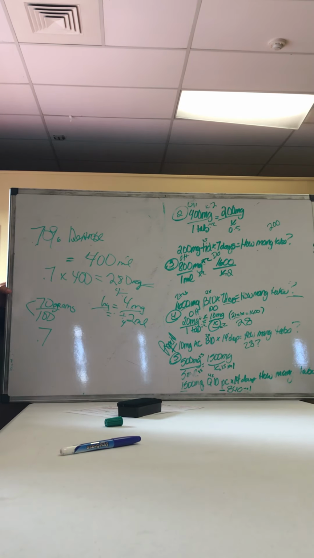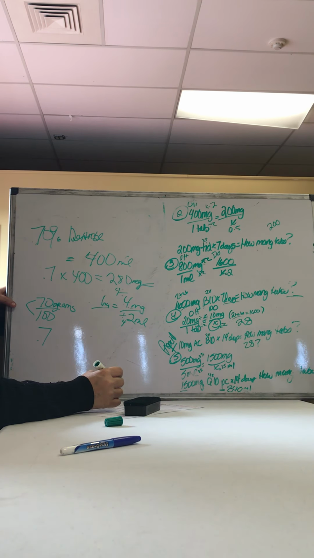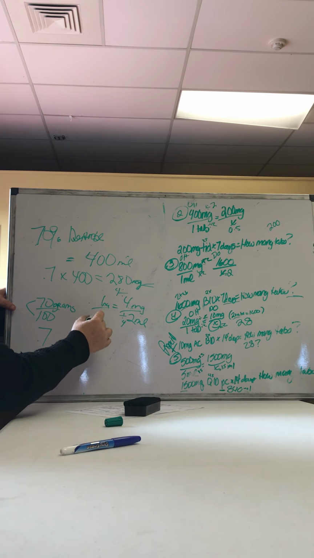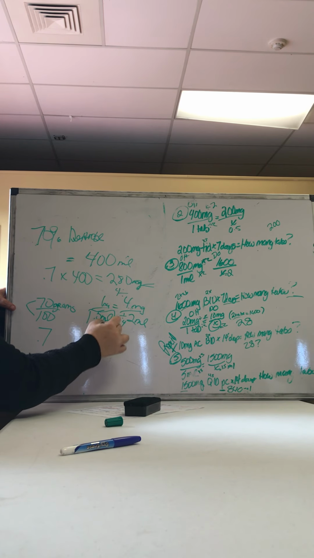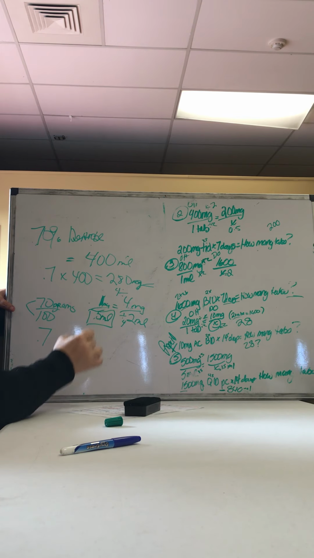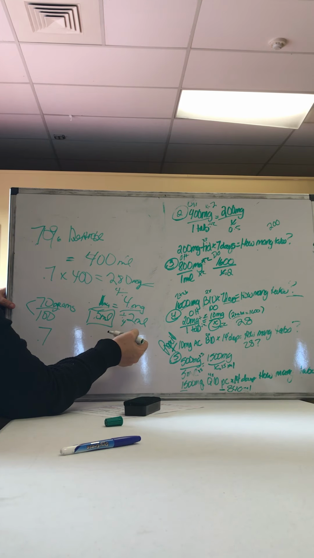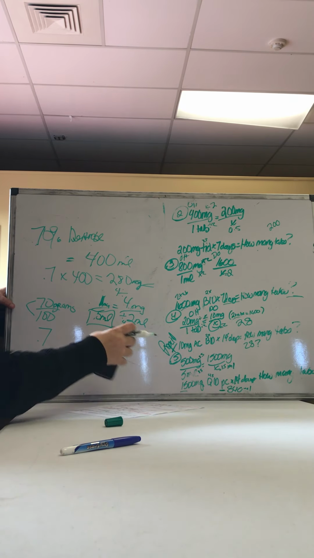That gives you what? 0.5. So we're going to get 0.5 milliliter, because they only wanted 1 gram, or milligram, whatever I put there. They only wanted 1. We have 4. So I already know it's going to be a fourth of that. Okay?